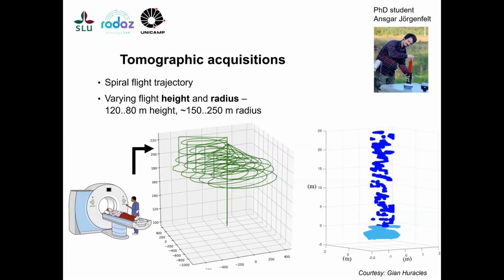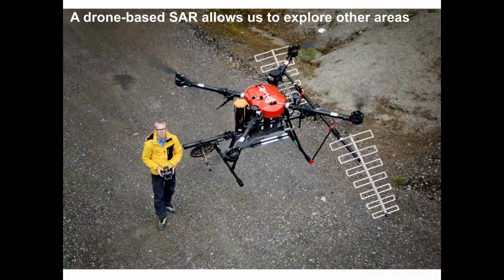One of the unique parts with this is that we can do spiral flight trajectories, and that allows us to do tomography also with the drone. That is completely new. That has not been the case before for many different reasons. A radar-based system needs a very stable trajectory. Because the antennas, we jump back actually into this. The antennas that we have here are P-band antennas.